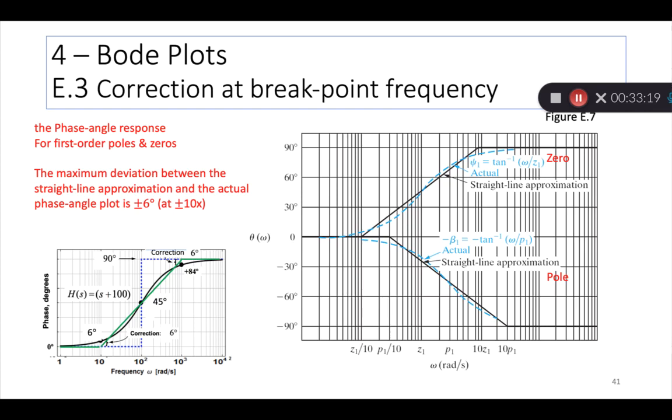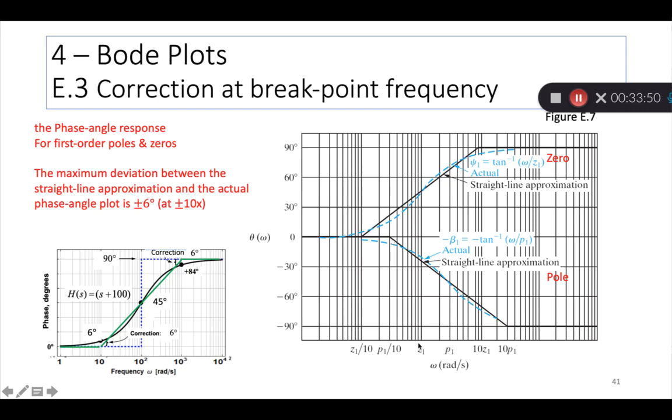That's the maximum. There can be lesser values, so the correction can be less than plus or minus 6 degrees, but the maximum happens at the deviation, right? This is the maximum deviation, and so that is the correction. So how do you apply a plus or minus? I think somewhere here at 10 times x, right?